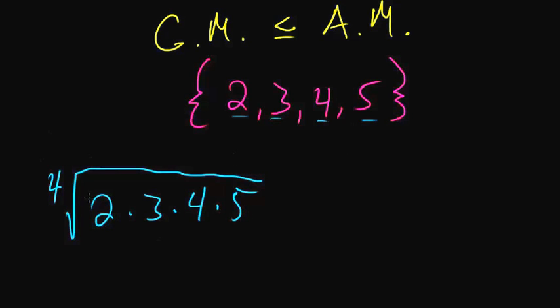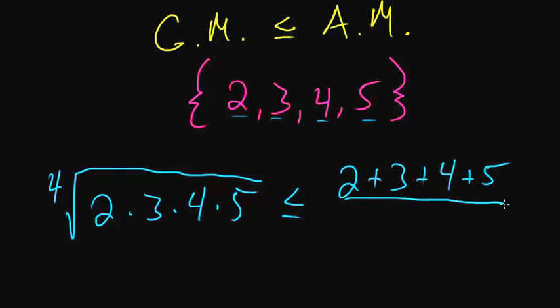This would be the geometric mean of our set of numbers. And what I'm saying is that the geometric mean is always less than or equal to the arithmetic mean, which would just be the sum of these numbers divided by the amount of numbers, which is 4. If you actually put these into calculators, you will see that this is indeed less than this.